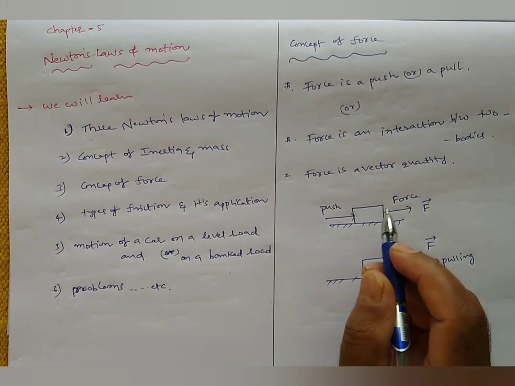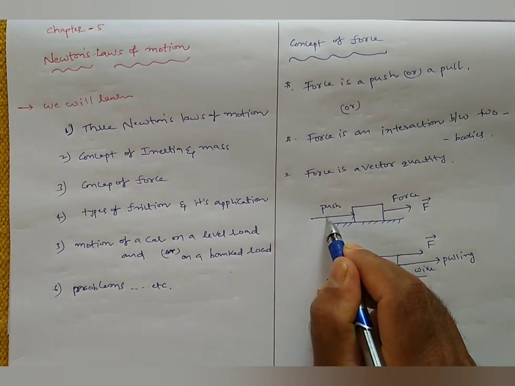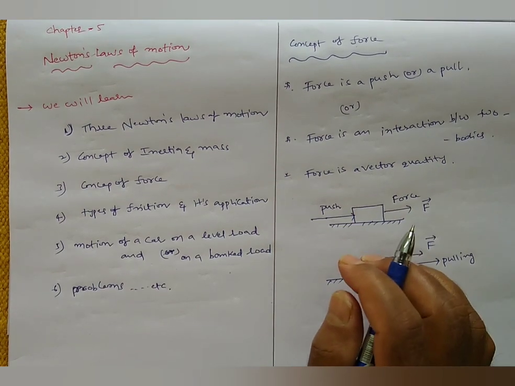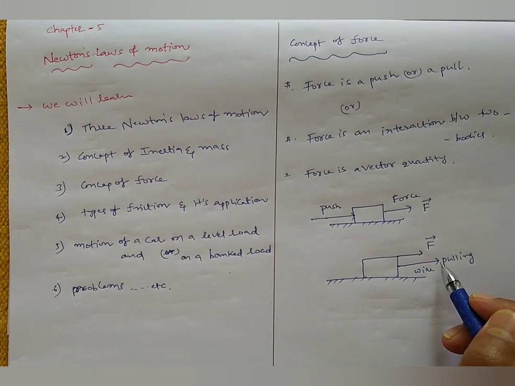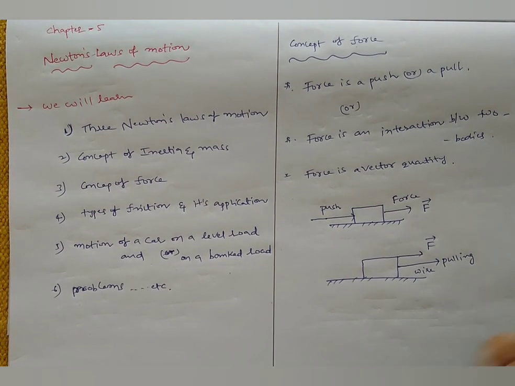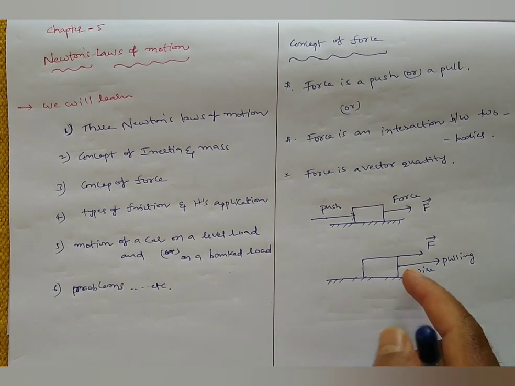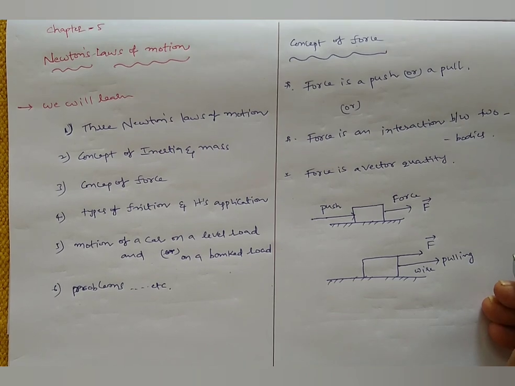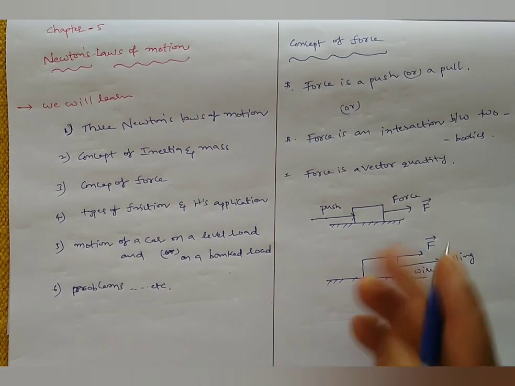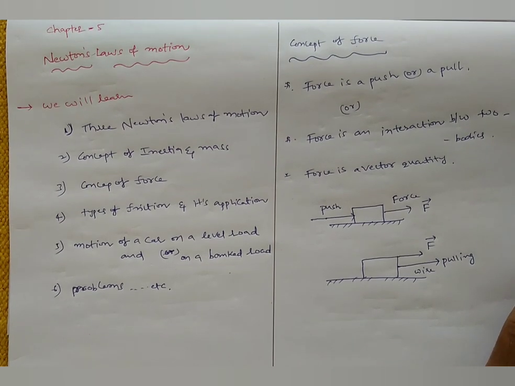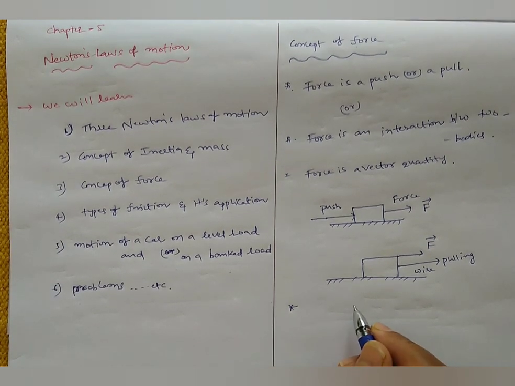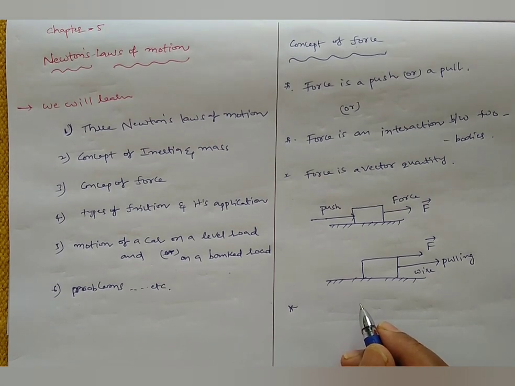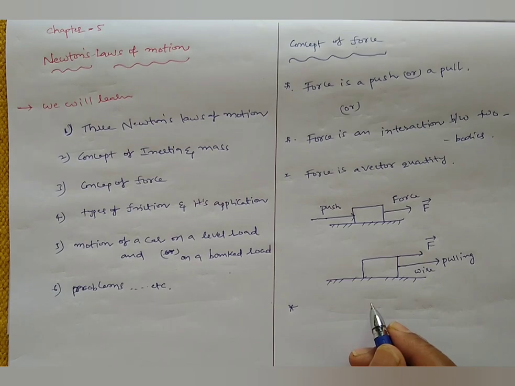Pushing means actually, suppose if I am pushing, I will use my hand, then I will push. Pulling means similarly here also, by using my hand I will pull this wire so that the body will move. That means indirectly my hand is the source for the force. That means there must be a source. There must be a source needed to provide the force.